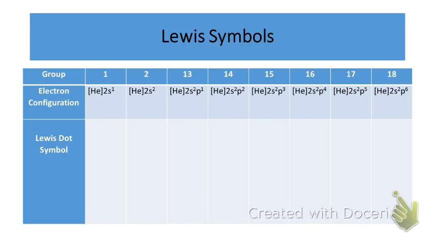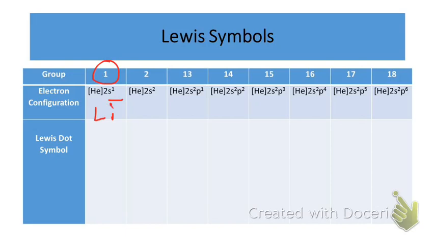So I have the electron configuration. For group 1, they're going to have all their valence electrons in the s subshell, and for the second s subshell, this would represent lithium.